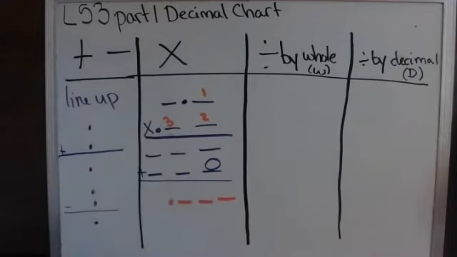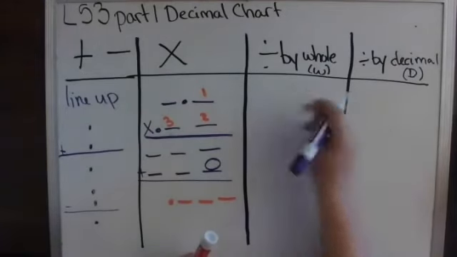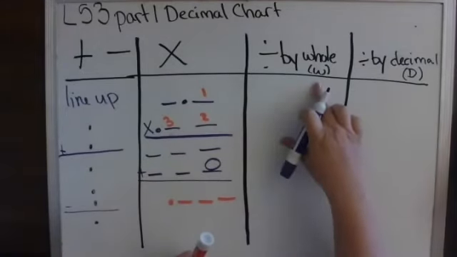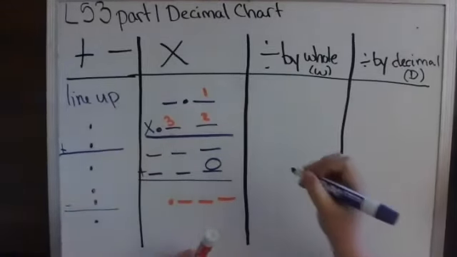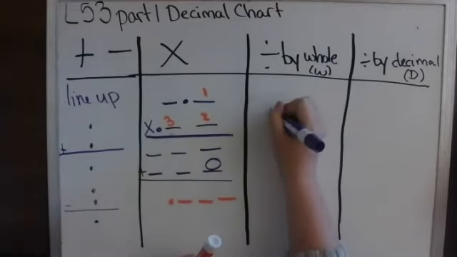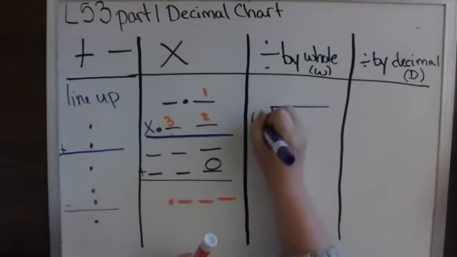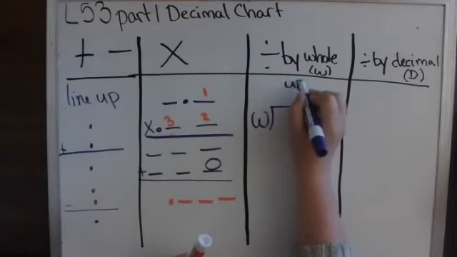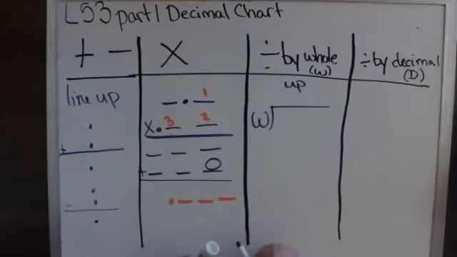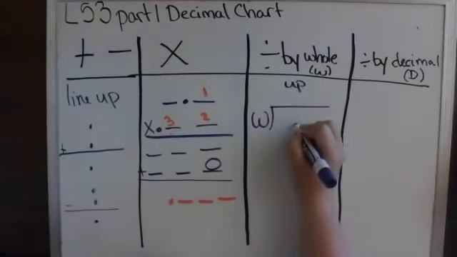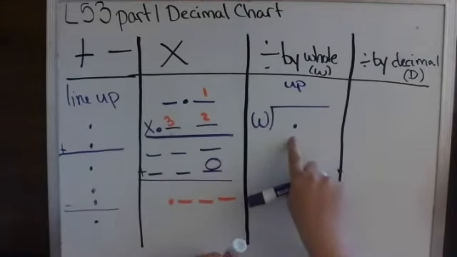That's multiplication. Division: when you're dividing by a whole number, the whole number in this case is going to be represented by W. So you would be dividing by a whole number, and you are going to move the decimal up. This means you will have a decimal inside the dividend.